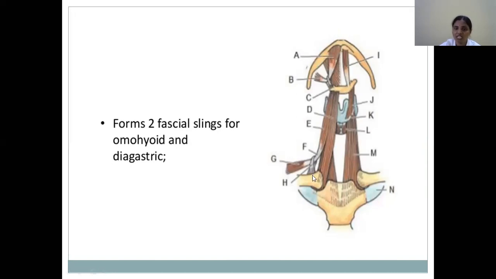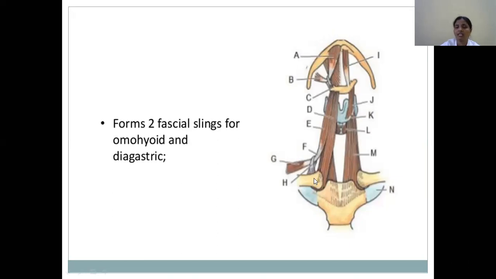And one more fascial sling is there, that is a common tendon again, where two bellies are connected. And what is the muscle? It is omohyoid. Here the omohyoid presents two bellies, inferior belly and superior belly of omohyoid. The two bellies are connected by an intermediate tendon, and this tendon is anchored to the clavicle by means of a fascial sling.